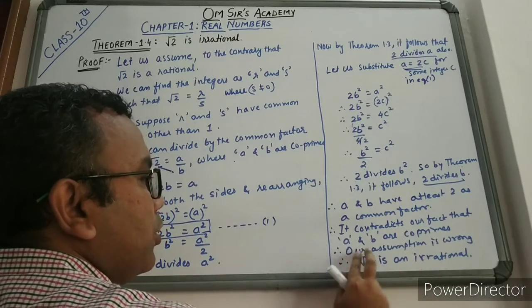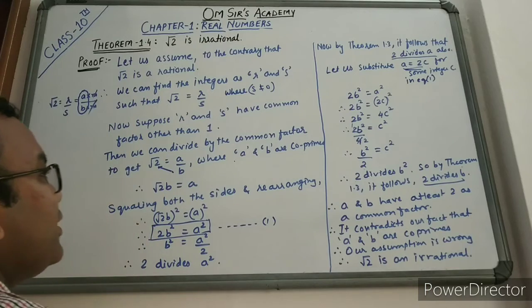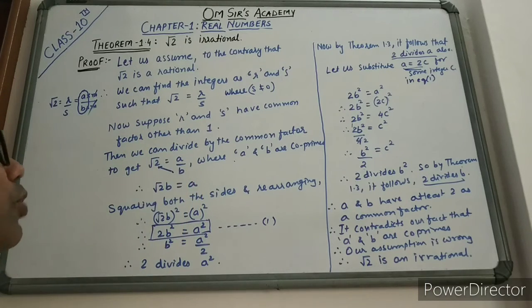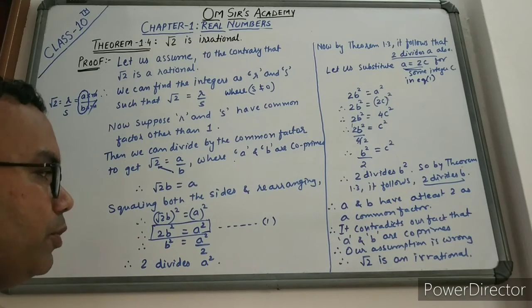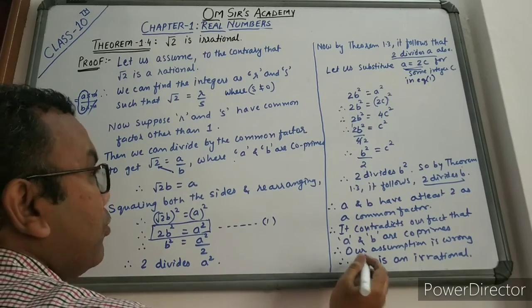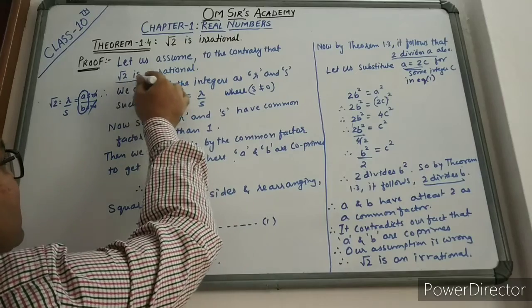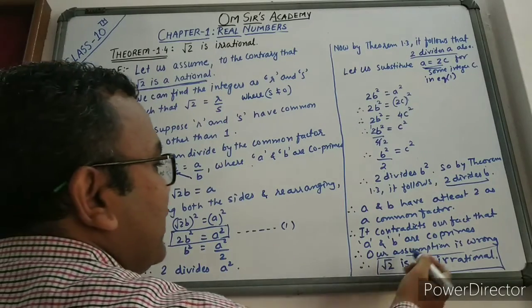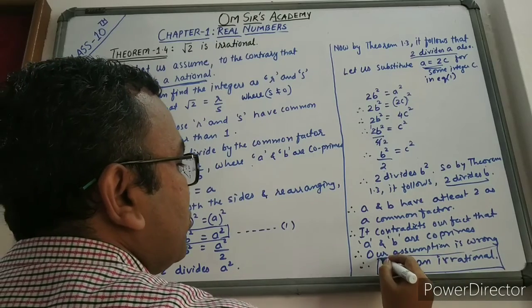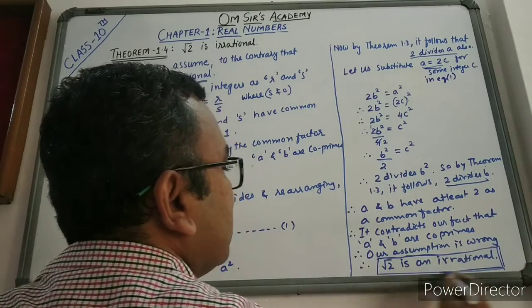So therefore our assumption is wrong. तो हमने जो assume किया था वो पूरा हमारा assumption गलत है. So what was our assumption, that root 2 is rational. But here our assumption is wrong, that means root 2 is an irrational number.